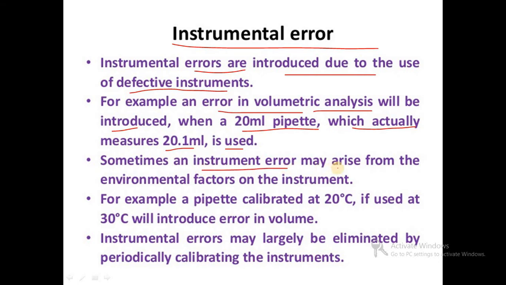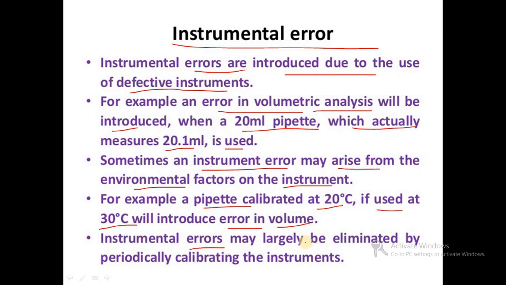Sometimes an instrument error may arise from environmental factors on the instrument. For example, a pipette calibrated at 20 degrees Celsius at the manufacturing point, and if we use that pipette at 30 degrees Celsius, will introduce error in the volume measurement.